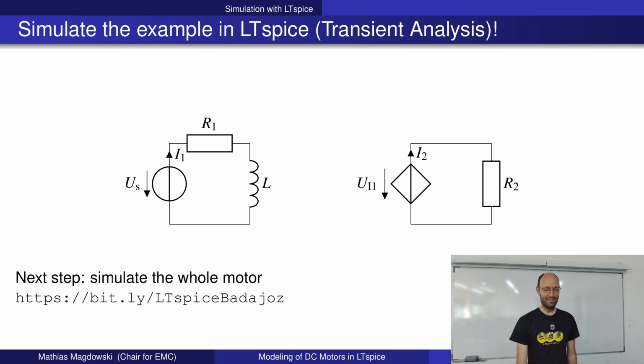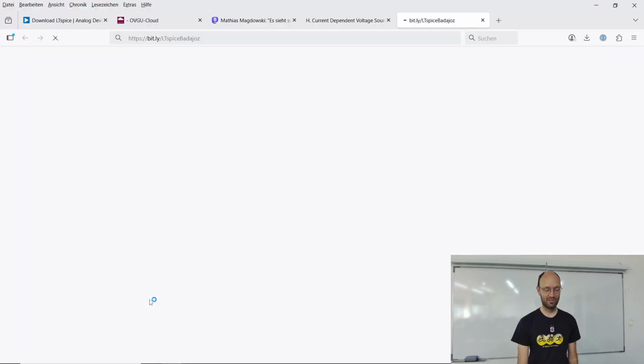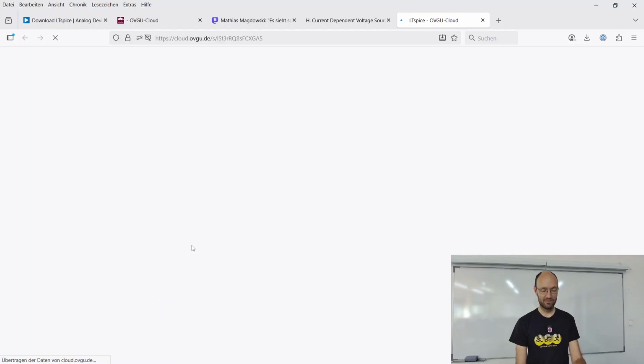So the next step, if you want to simulate the whole motor, is to open up this website in your browser. I will show the link once again, but I will click on it for a second just to check if it works. It should, because it's loading something. Hopefully.